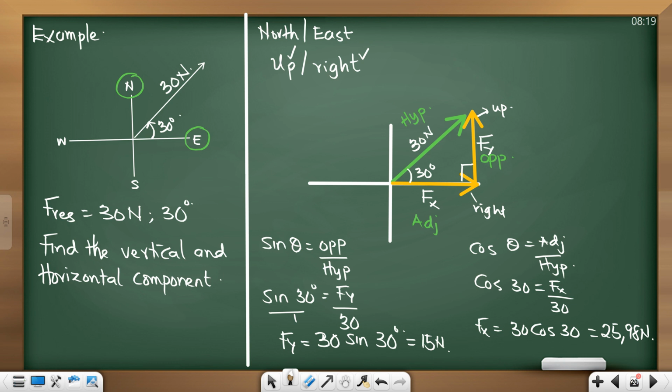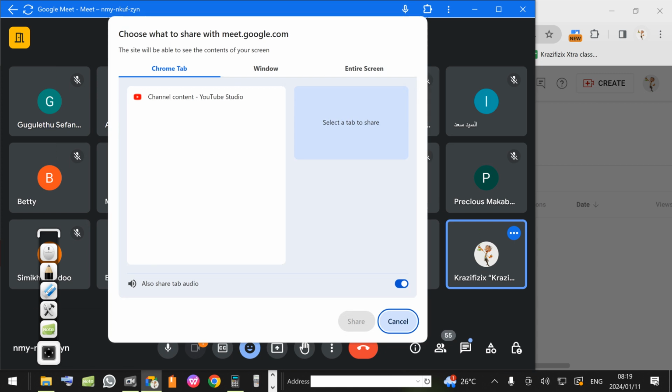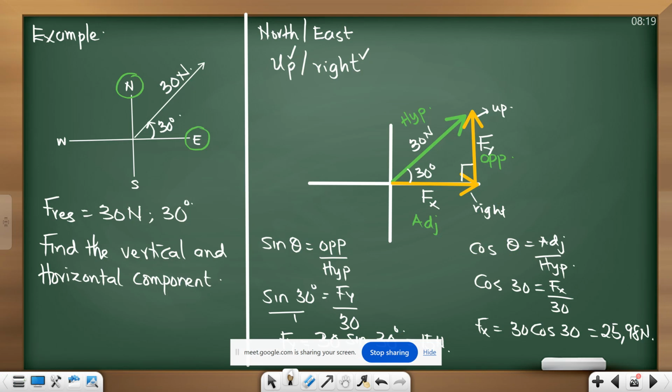Okay, what happened? There was an error. Let me see. Okay, guys, something happened to my screen. I won't be able to see your messages, just one second. I'll tell you when I'm back online.